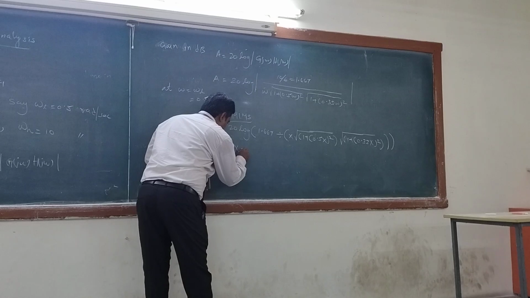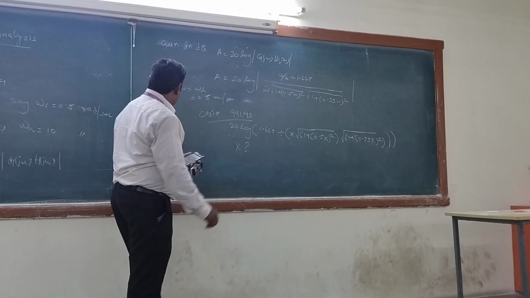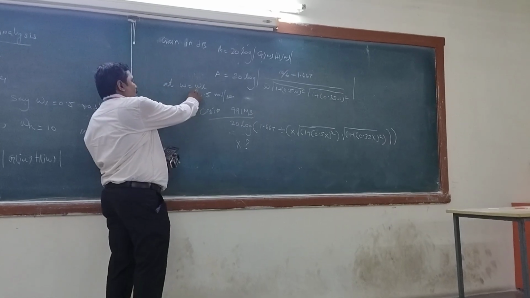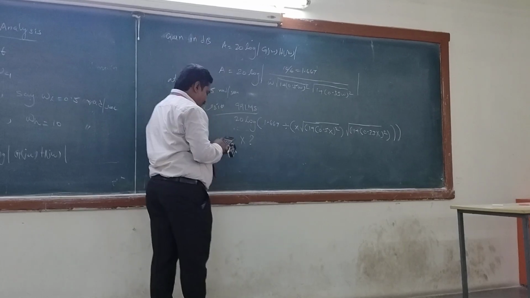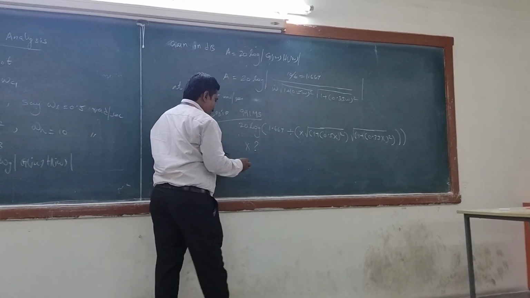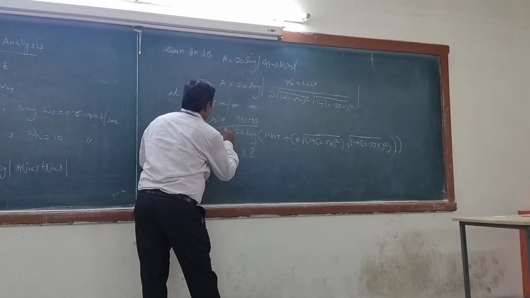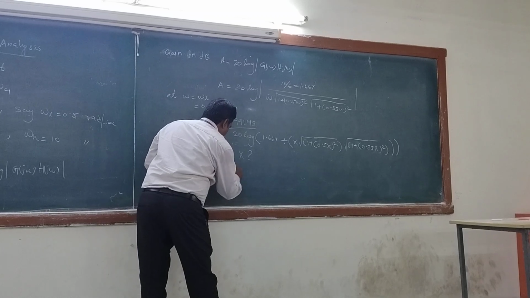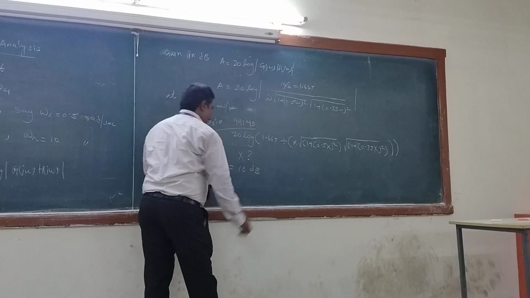The calculator display now asks for the X value. We have chosen X as omega, so now substitute the X value 0.5, then press equal. What do you get? You will get gain A is equal to 10 dB.